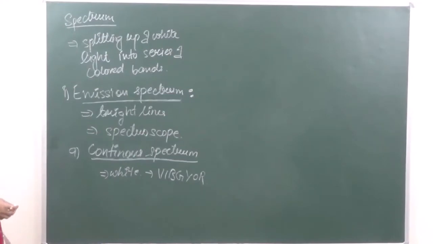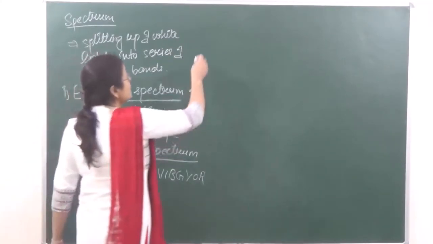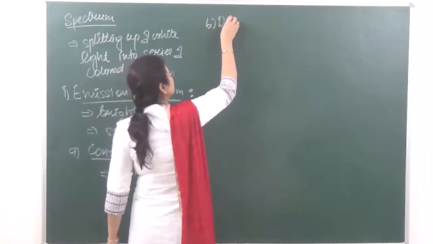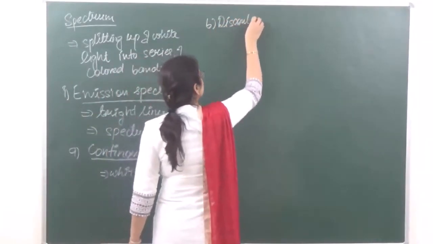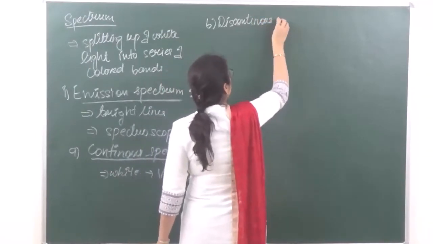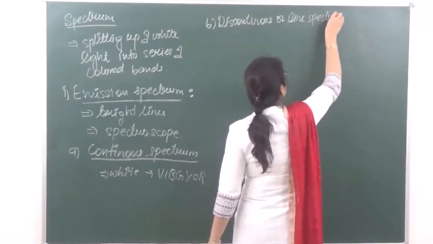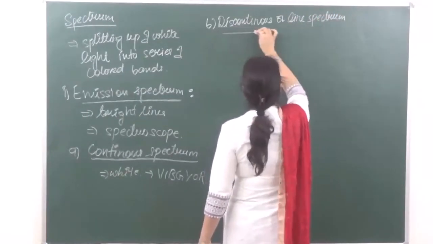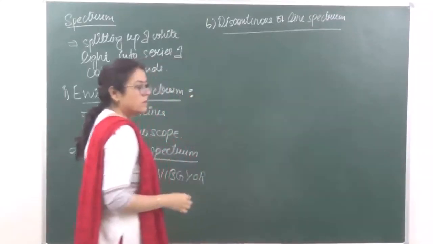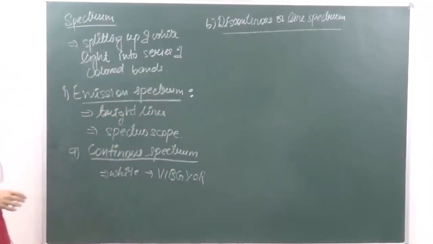The second type of spectrum which we have is known as a discontinuous or line spectrum. Now in this case, the source taken is not the white light, not the sun, but the source taken over here may be gas or vapors of a liquid, right?